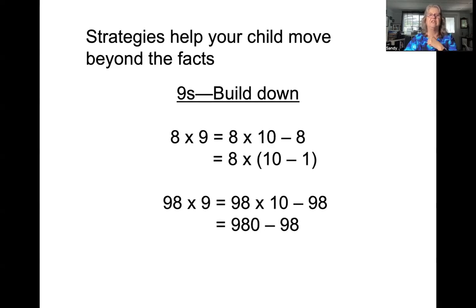Well, 98 times 10 is 980. To remove 98, I would remove 100 and give back 2. Here's our addition strategies coming back into play. 980 minus 100 is 880, plus 2, 882. See, I get to be more playful with numbers and be much more successful and fluent with mental arithmetic when I know the strategies, not just the facts.